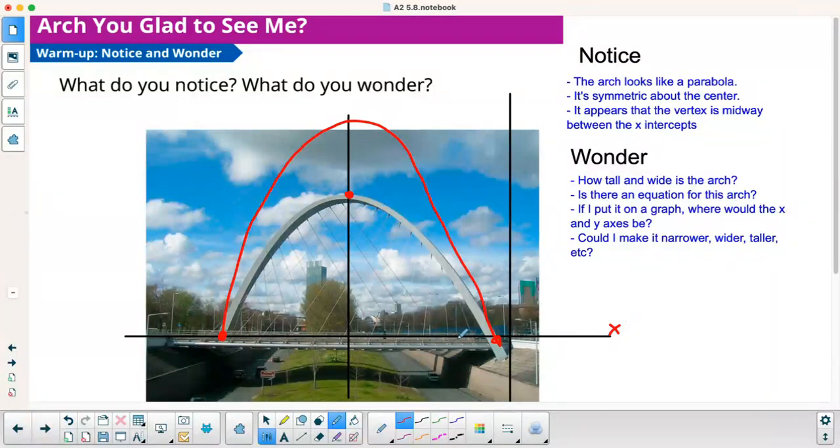If this is the x-axis, and I look at these two points, the vertex up top looks like it's halfway. It looks like this distance. If I do a quick measurement, they look pretty close.